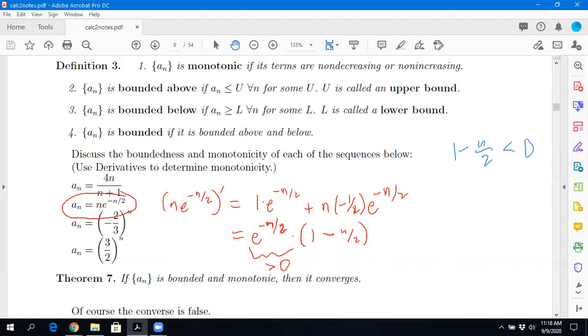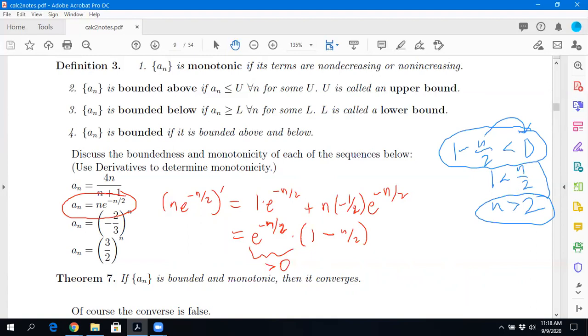When? That's when 1 is less than n over 2, and then I multiply through by 2, which happens if n is bigger than what? 2. So for n equal to 3 onward, this thing is negative, right? So this is equivalent to n being bigger than 2.